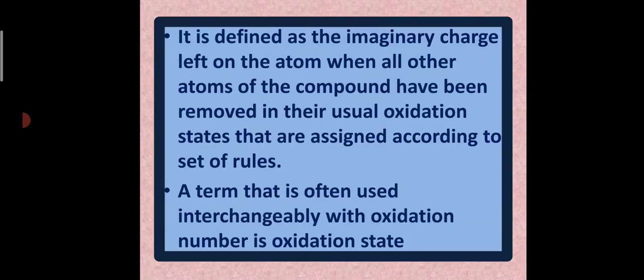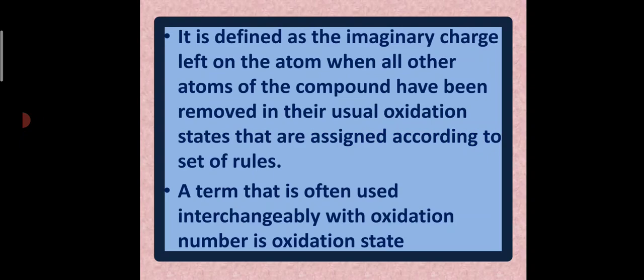Let us see what is meant by oxidation number. It is defined as an imaginary charge left on the atom when all other atoms of the compound have been removed in their usual oxidation states that are assigned according to a set of rules. So it is an imaginary charge, not a permanent charge.